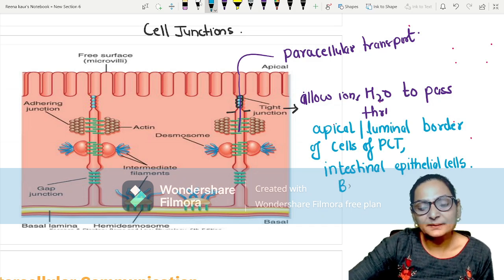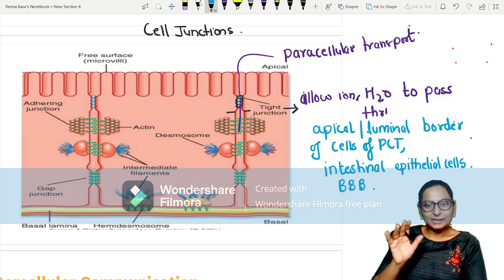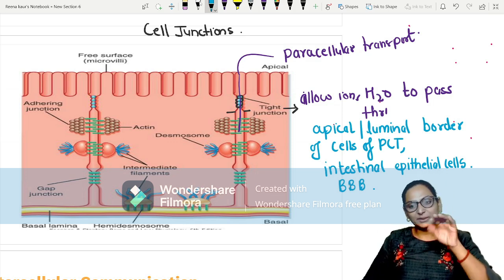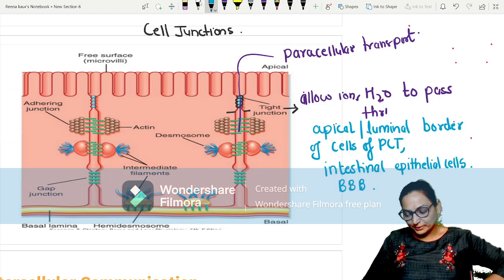They are even present in the blood-brain barrier. So even though we call them very tight junctions, they are not very tight. They allow ions to pass through, not big substances.